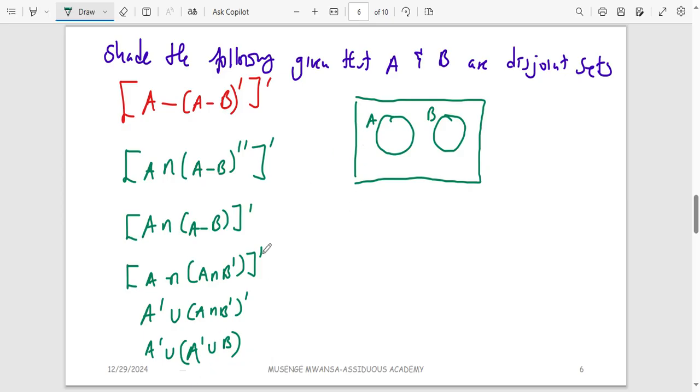So for disjoint sets, A complement union B is going to be, again, since they've not told us anything about the universal set, this is what you need to know about disjoint sets. If they've not told you there is a universal set, what is outside A is actually B, because these are disjoint sets.